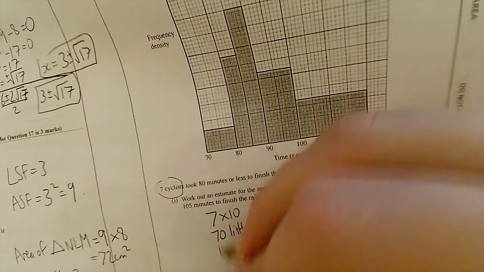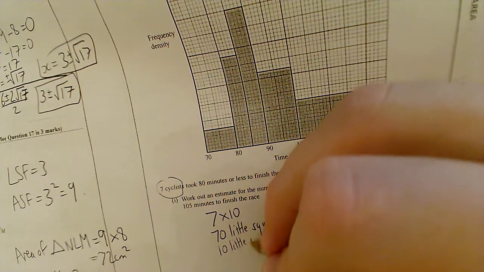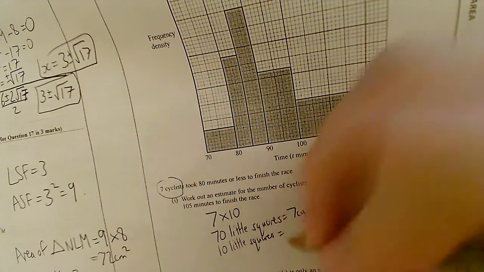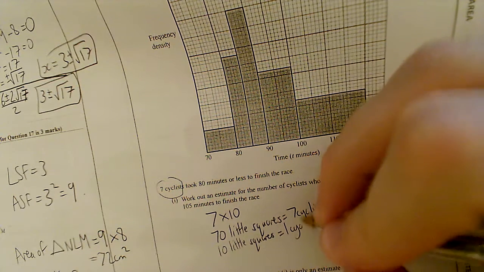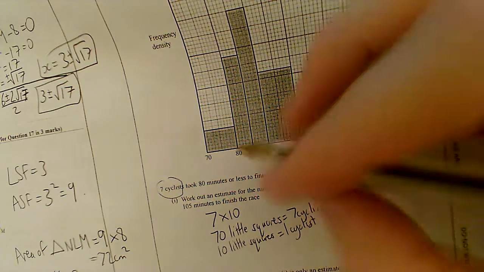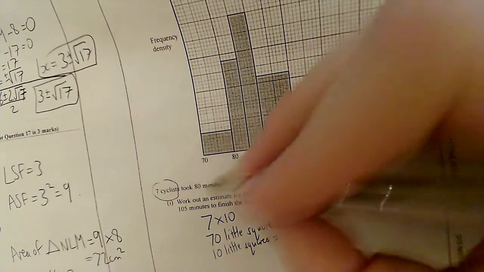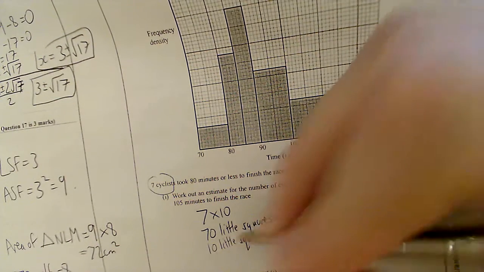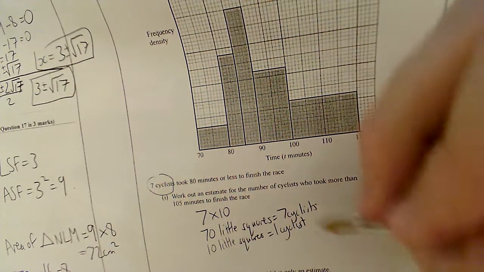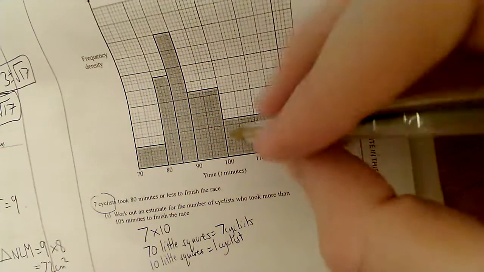So every 10 little squares, again there's different ways you can do this, I'm trying to make this as easy as possible to follow. So if 70 little squares is equal to 7 cyclists, then every 10 little squares is 1 cyclist.